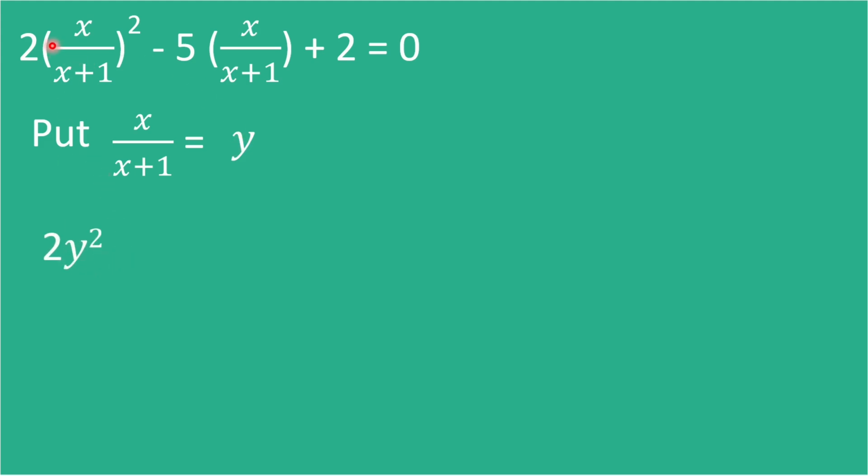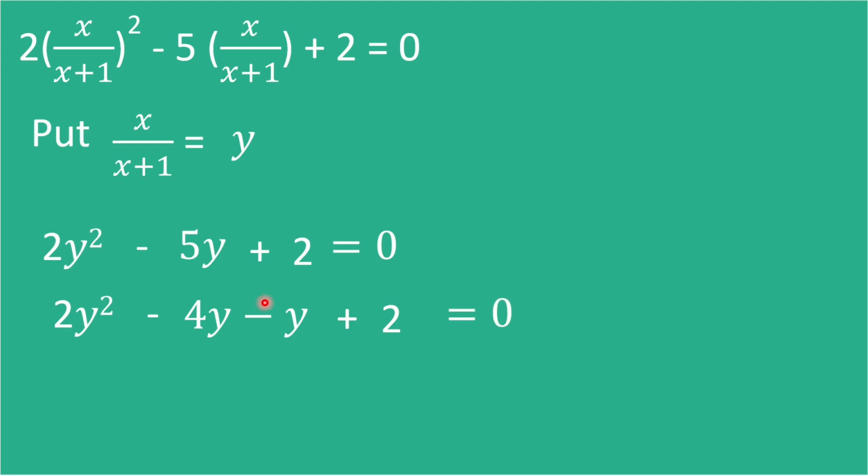So this equation will become 2 times y squared, because here is a square, and then minus 5, and here this value equals y, and then plus 2 equals 0. Now 2y squared minus 5y plus 2: we can factorize this 5y into minus 4y minus y, plus 2, which is equal to 0.